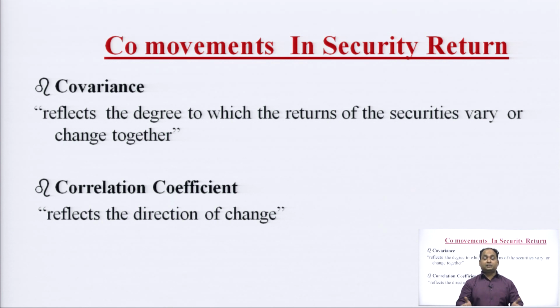If the degree is high, the risk profile is accordingly high; if the degree is low, the risk will be accordingly low. The correlation coefficient reflects the direction of change, whether they are moving in the positive direction, the negative direction, or fluctuating. So, we are discussing these two co-movements in security returns, covariance and correlation coefficient.